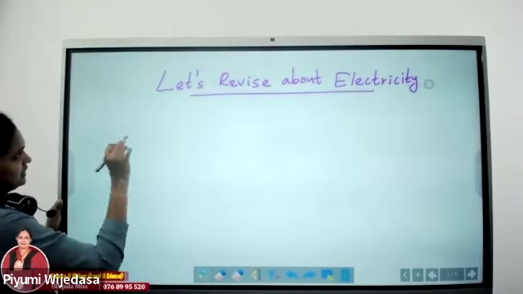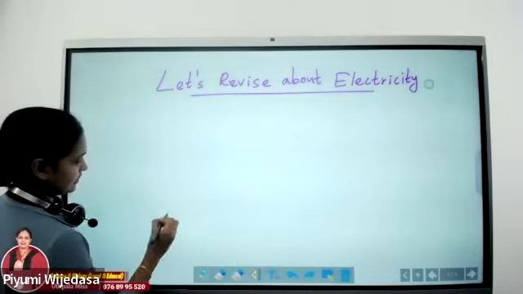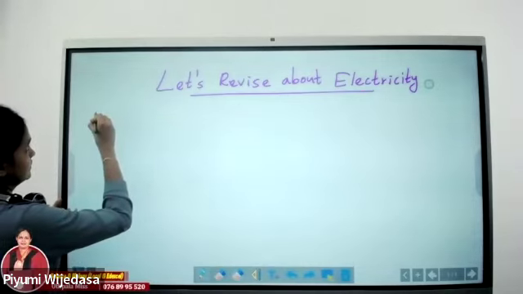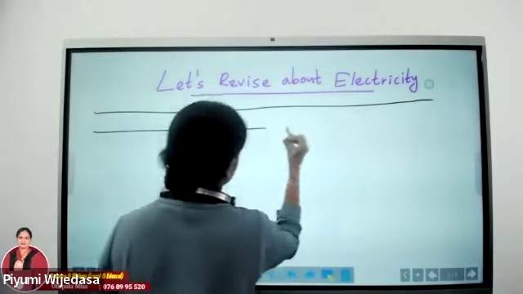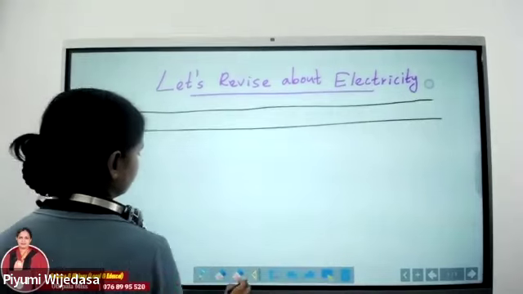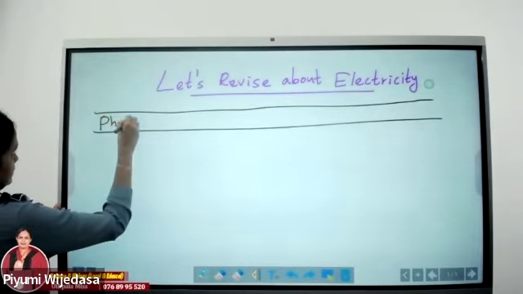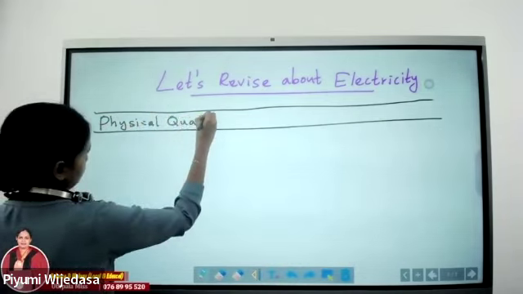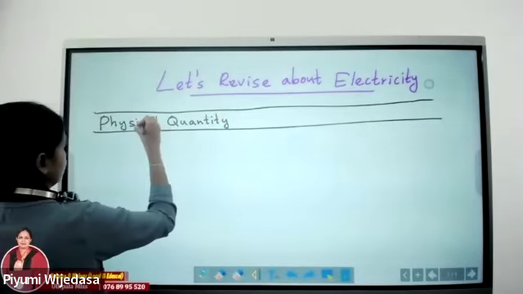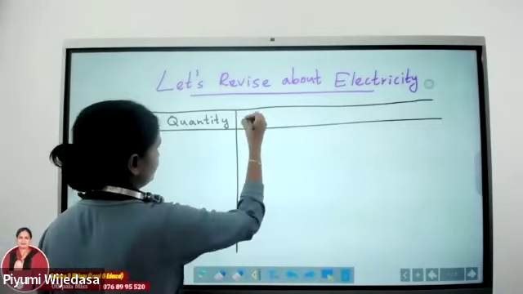I will mention certain things, so you have to complete. We'll start like this. Physical quantity. Instrument used to measure it.